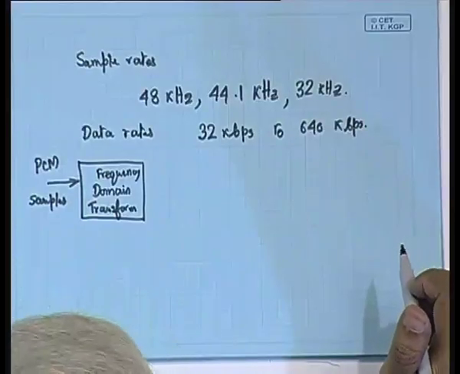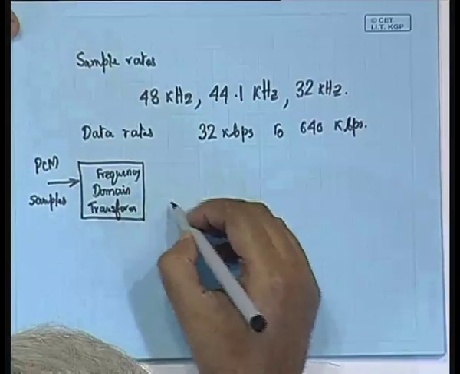But actually speaking, for audio encoding, the DCT is not applied directly. In fact, what is applied is a modified discrete cosine transform, MDCT, which permits a time domain alias cancellation. That aspect I will talk about shortly, or maybe in the next lecture.